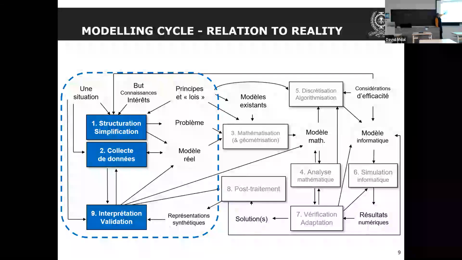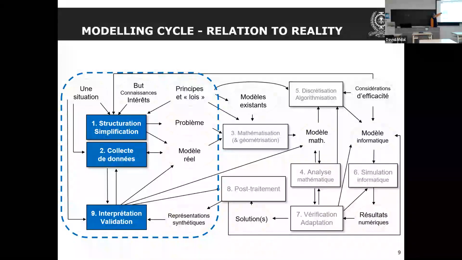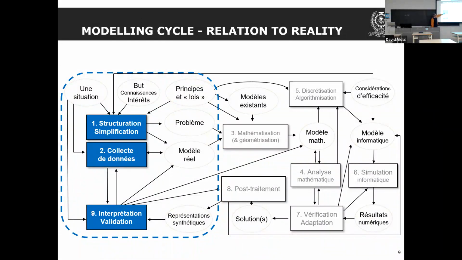But you see that this part is the relation to reality, because in relation to the structuring, eventually you're going to be collecting data that will help you build your simplification. And in the end, we're going to use those data for eventually validating the numerical model.